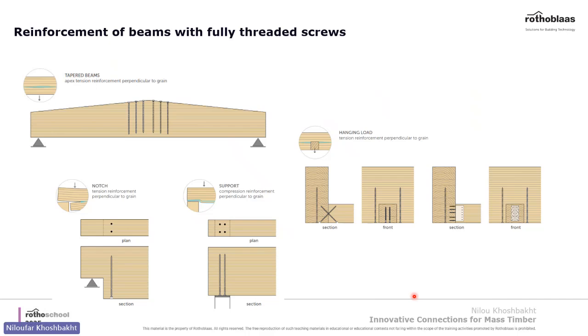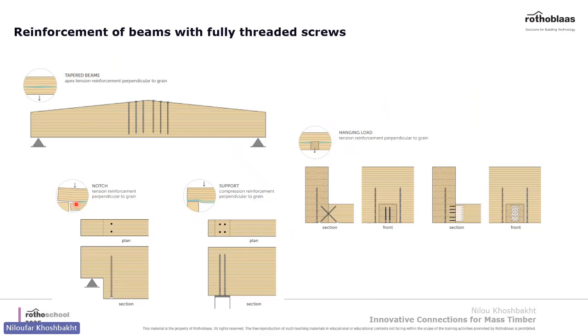Okay, so I want to talk about the reinforcement of beams with fully threaded screws. Wood is relatively weak in the perpendicular to grain direction, as you can see, for example, here when it's loaded in tension, for example, in this notch. It's the weakest of the values of the wood in this direction.